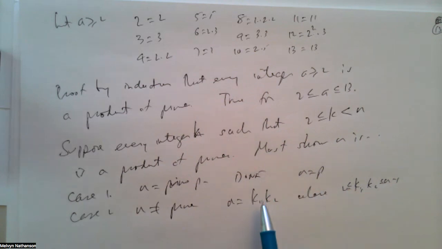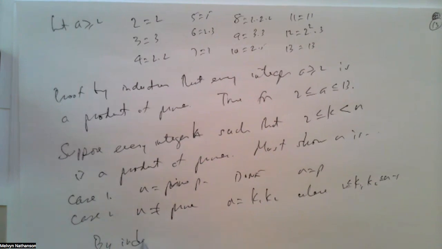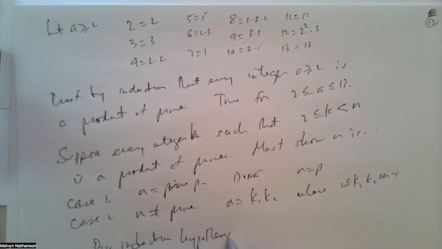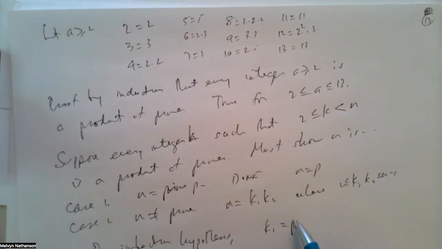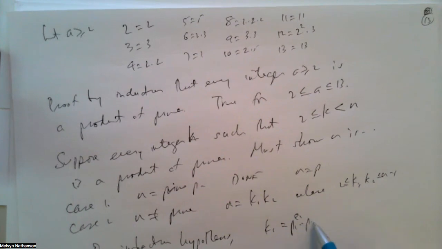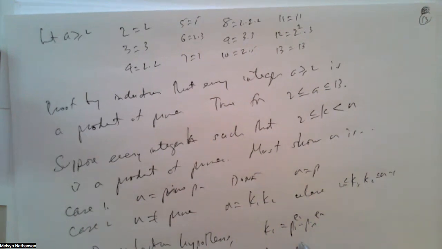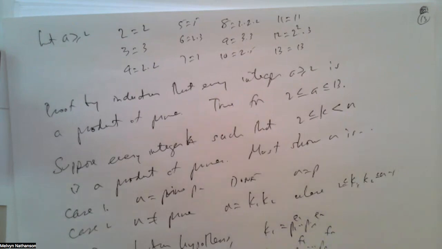If a number is not a prime, it factors into two factors, both of which are bigger than 1. But by the induction hypothesis, k1 is some product of primes, and k2 is also a product of primes.